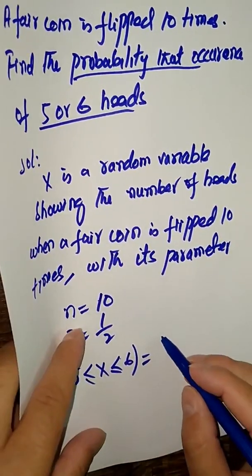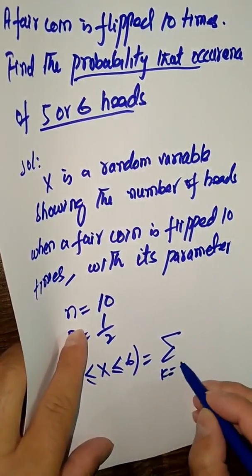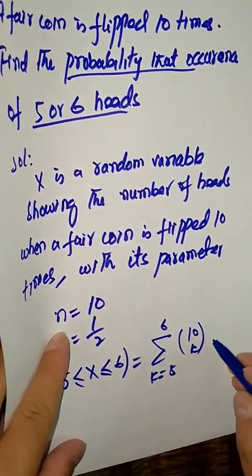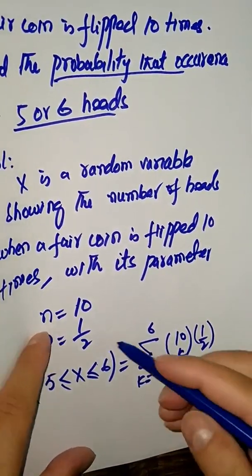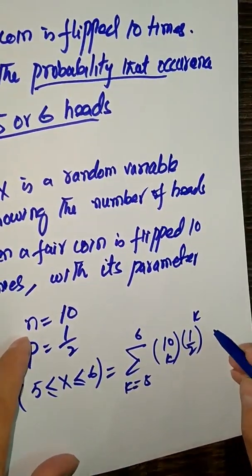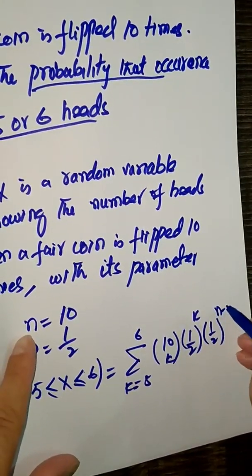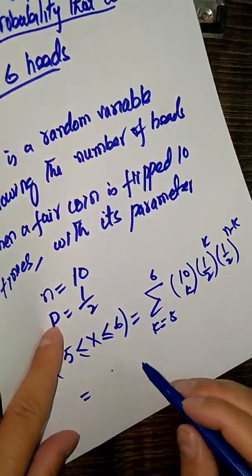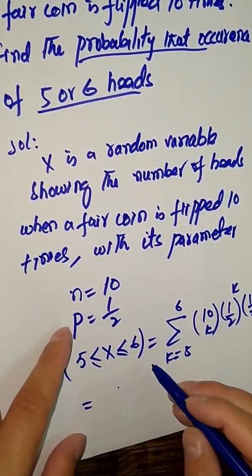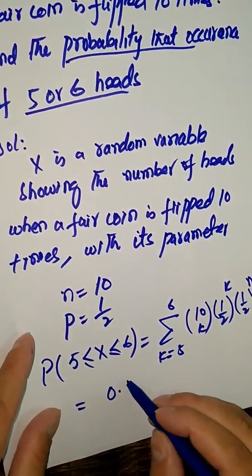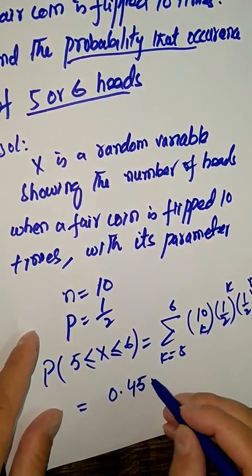So it would be summation k is equal to 5 to 6 of 10 choose k, 1/2, because the probability is 1/2, raised to the power k, 1/2 raised to the power n minus k. So by solving this, we will get the probability that head will occur 5 or 6 times, that is equal to 0.451.